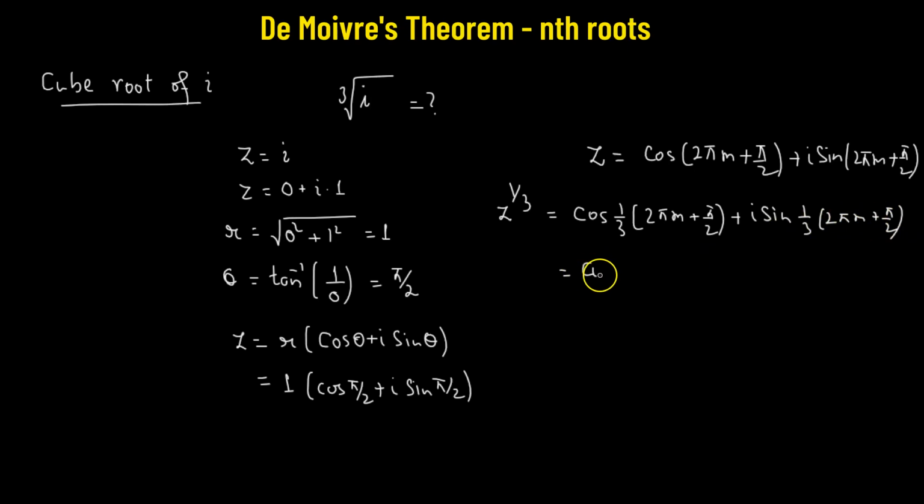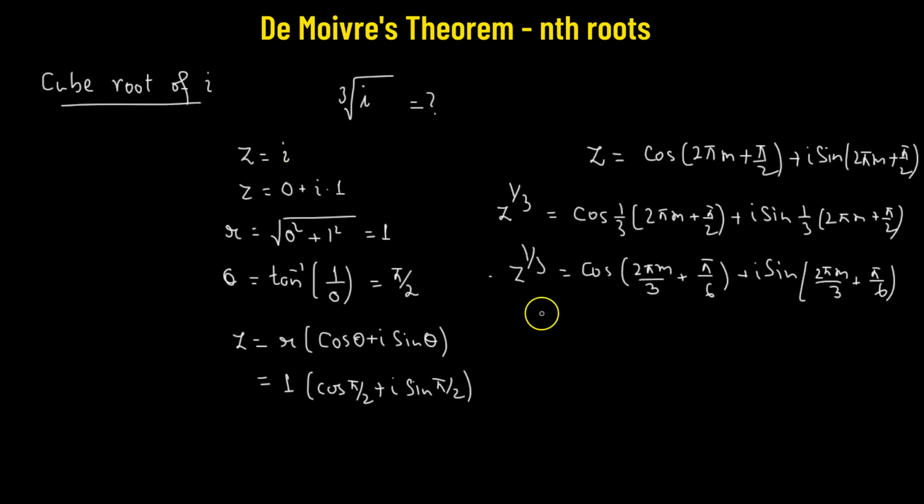That will be equals to cosine of 2 pi m over 3 plus pi over 6 plus iota times sine 2 pi m over 3 plus pi over 6, so this is the cube root of our complex number iota. This is the general form.